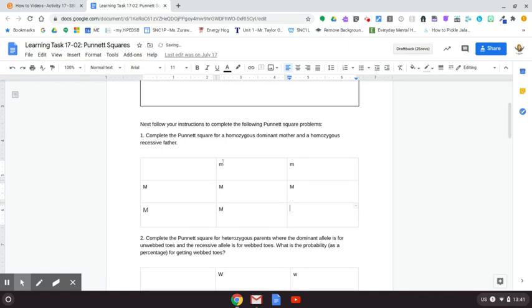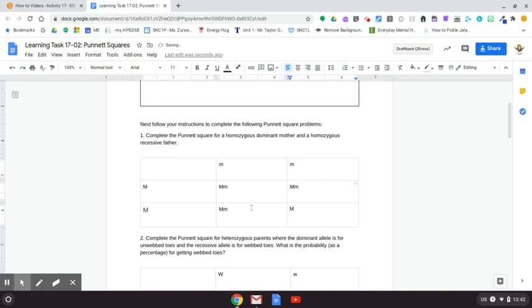What can dad give? Dad has homozygous recessive, so a little m or a little m. So dad could give this little m when mom gives this big M, or dad could give this little m when mom gives this big M, or mom could give this big M and dad gives this little m.